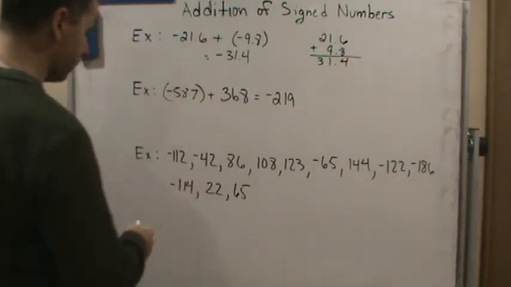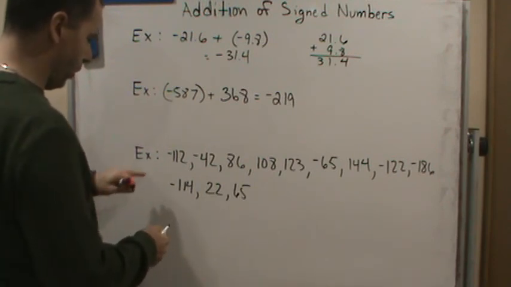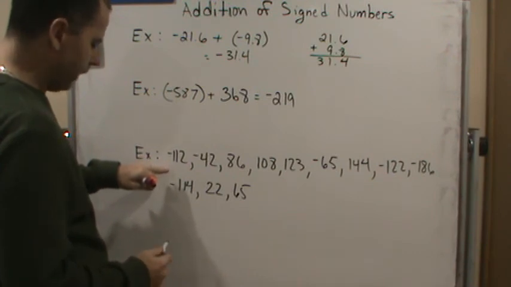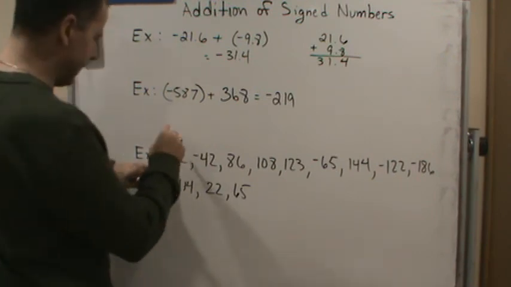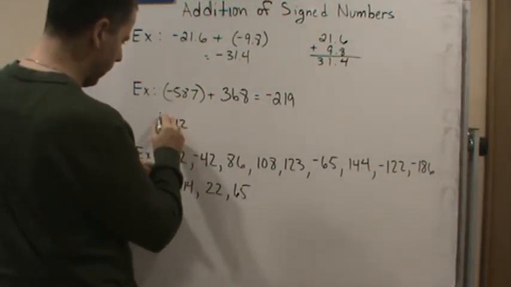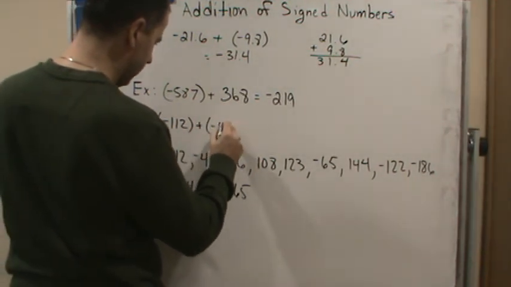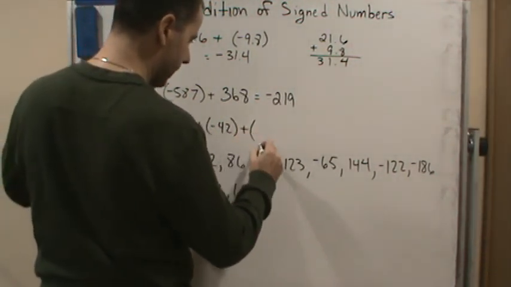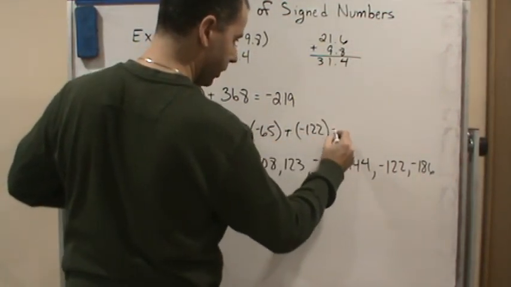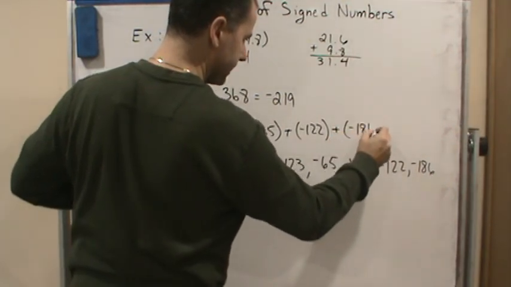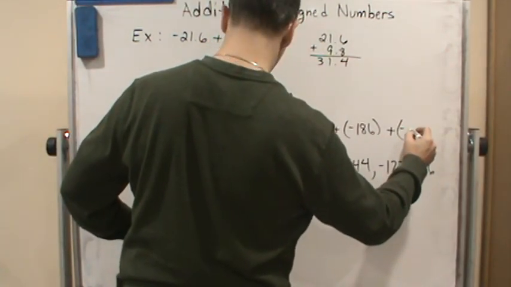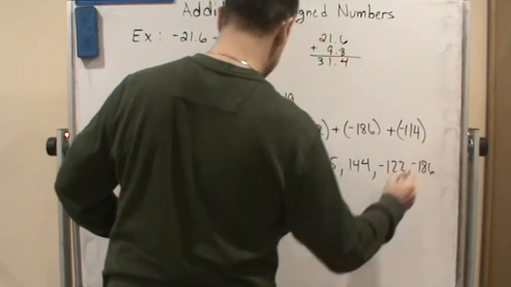In this case, and these are in kilowatt hours, just so you know, which represents power. Okay, so now here's what we have. I'm going to write this up as: negative 112 plus negative 42 plus negative 65 plus negative 122 plus negative 186 plus negative 114.